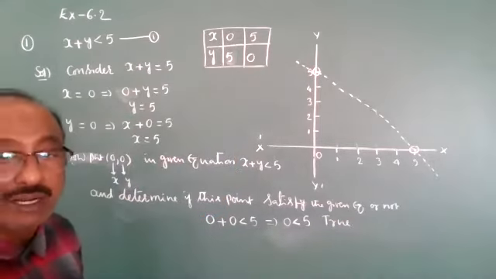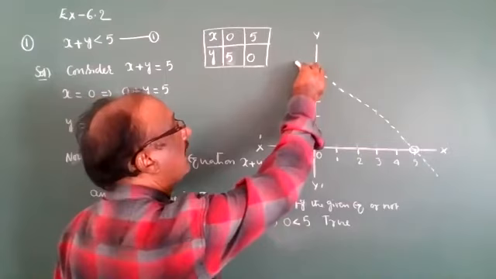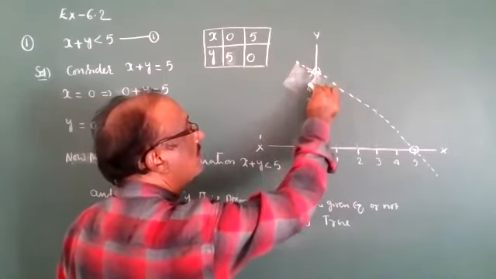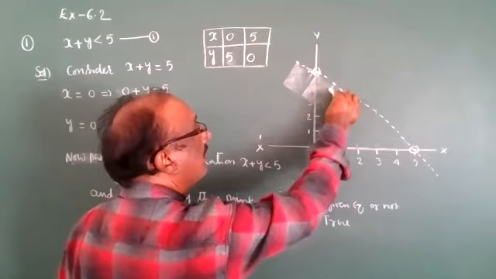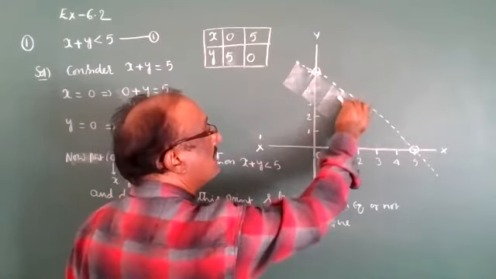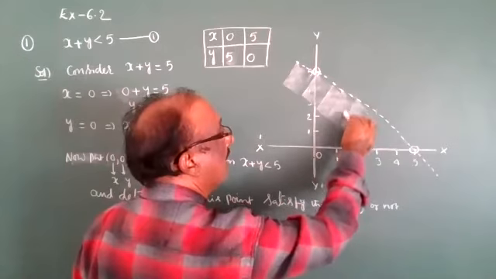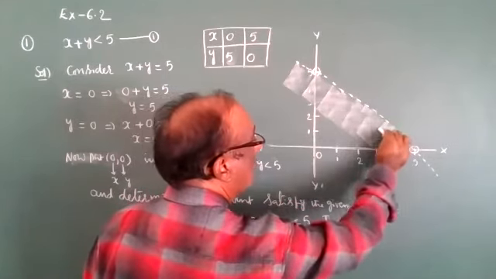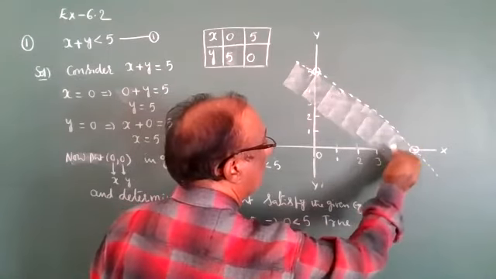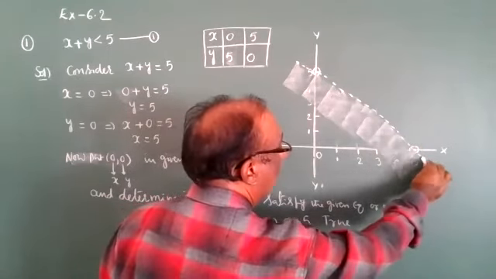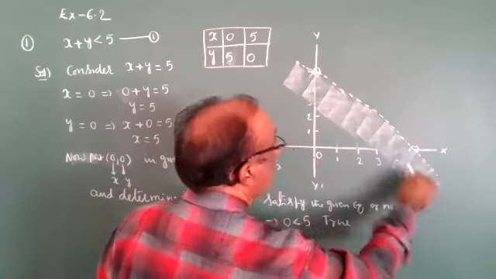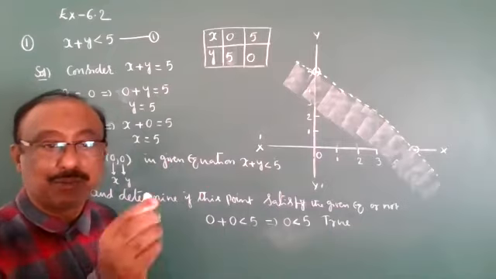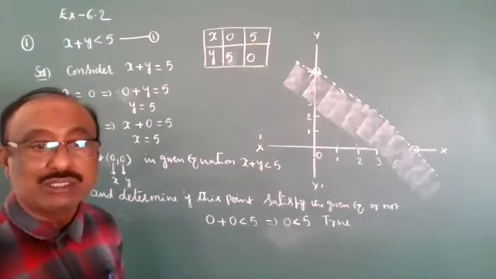True means immediately draw the graph shade. Draw the shade downside. Take the pencil and draw the shade downside.